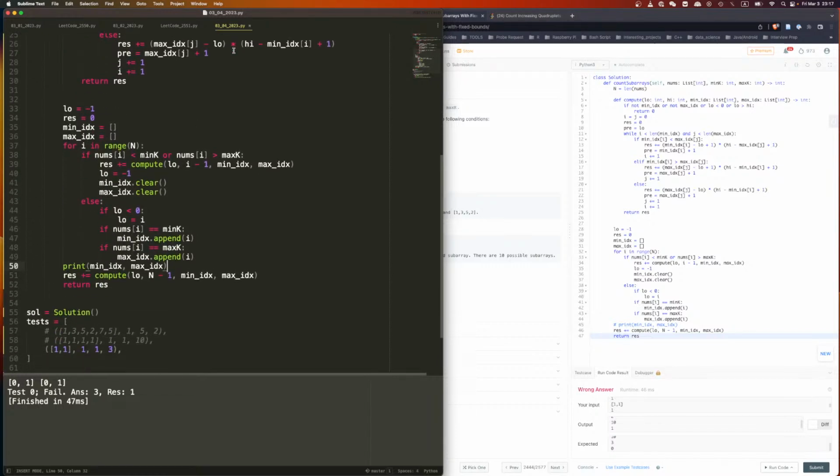So we start with high should be 1. 1 minus 0, so we'll have 2. Okay, so first one we have 2. Then we move it to 1. Pre will become 1.